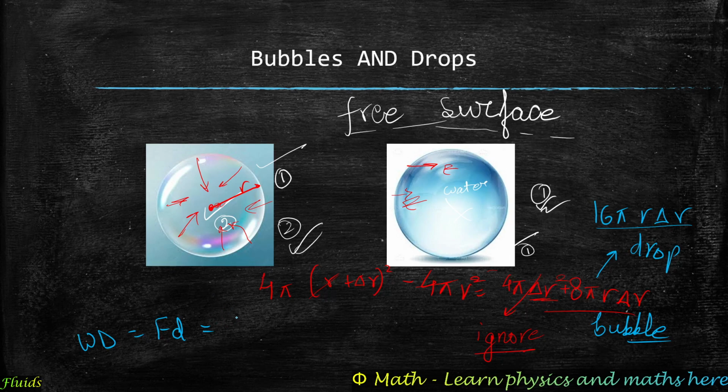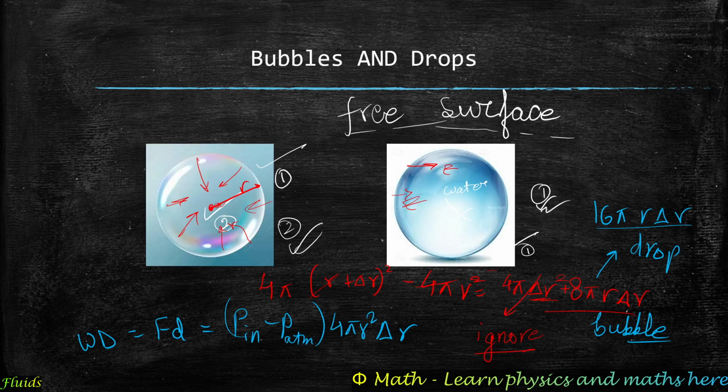So we know the area, so it is P inside minus P atm times 4 pi r squared delta r. And we know that surface energy, or sigma, is equal to the surface tension, and this surface energy is work done per increase in area.